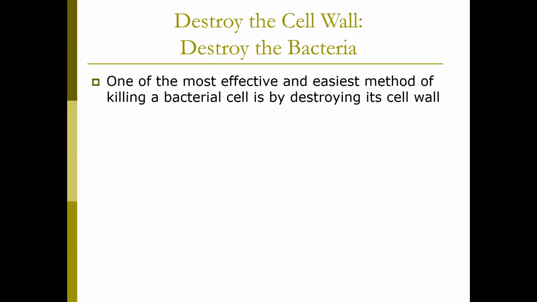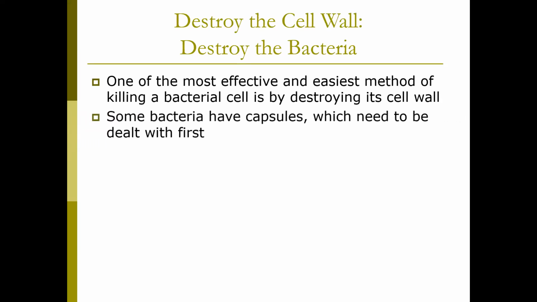And I would say probably it was the most significant discovery in medicine, in medical science. So the cell wall of bacteria is one of our key methods of killing the bacteria. Essentially, the cell wall is our target with antibiotics.